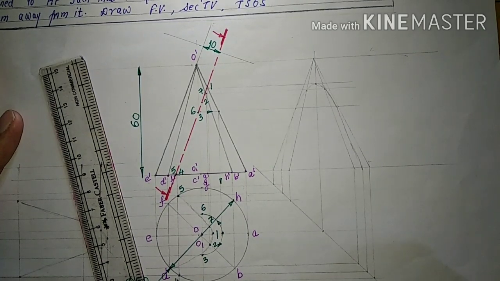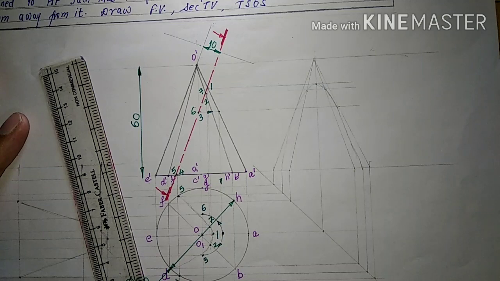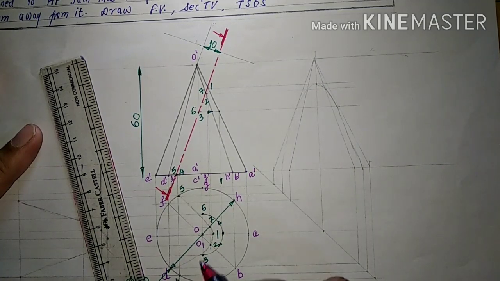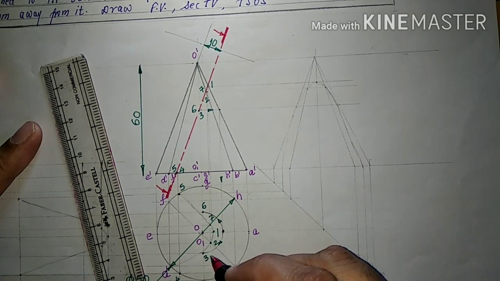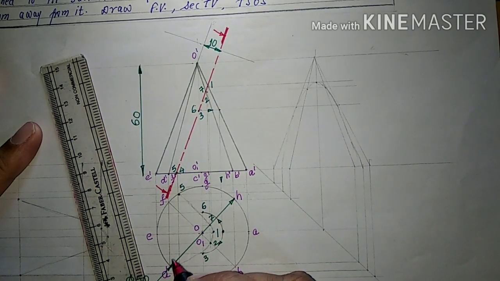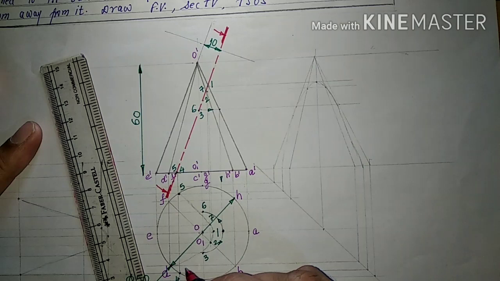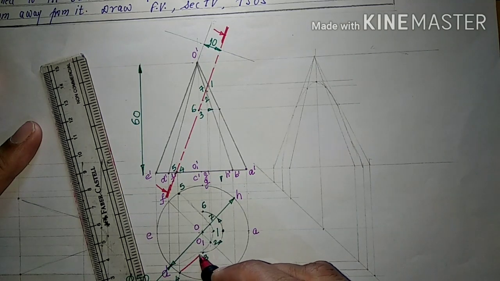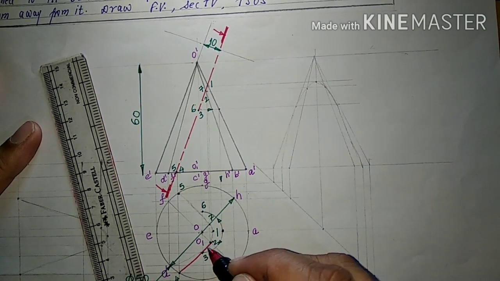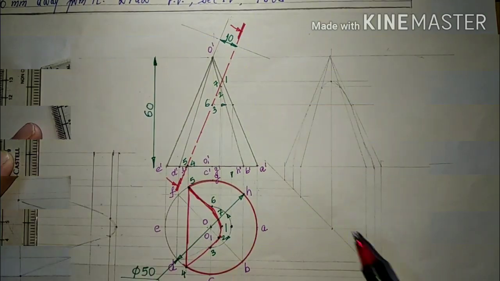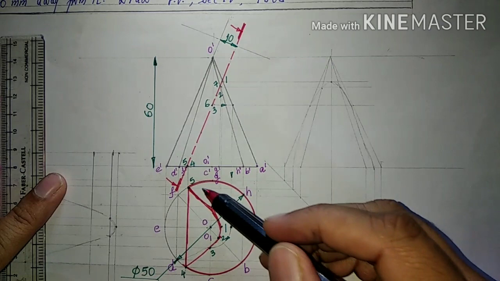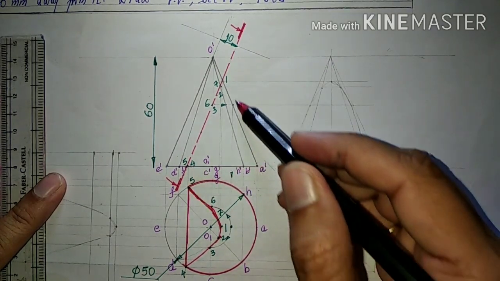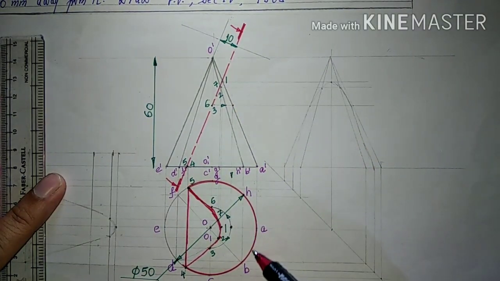Now we'll join these points first by a visible curve or a line. All the points are being joined, and also the retained part which will be at the lower side in the top view is made dark.